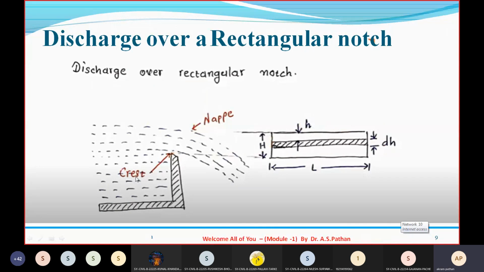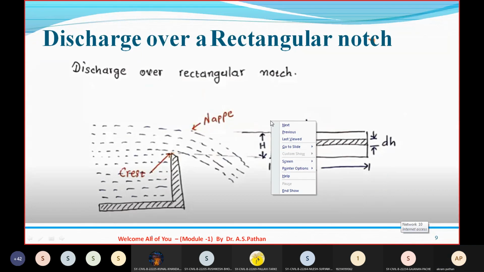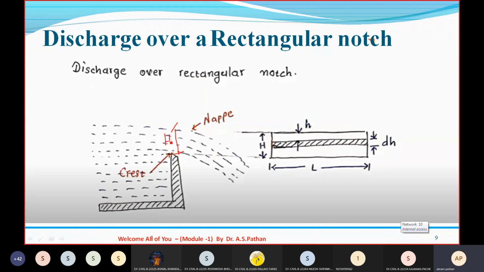We have the crest level, and if you see here, this is your edge, the head above the crest level. First we have to compute the discharge. Earlier we took a single strip from here, and this is the full strip. See, from the crest level this is the full strip.